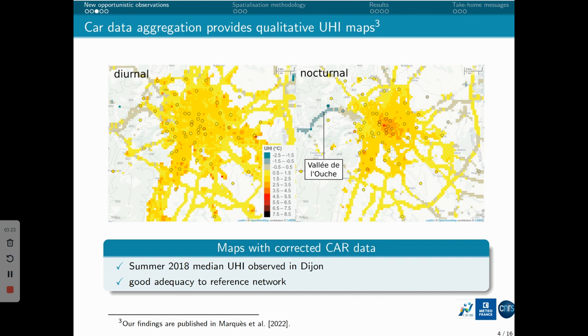And also in the west there is a valley with catabatic flows and thermal inversion, and so cold temperatures that are retrieved by the cars along the road there. And it fits pretty well with the meteorological stations, the small circles. So this was done on the whole summer 2018, so 5 years ago, and there is a good accuracy of the measurements by the car.